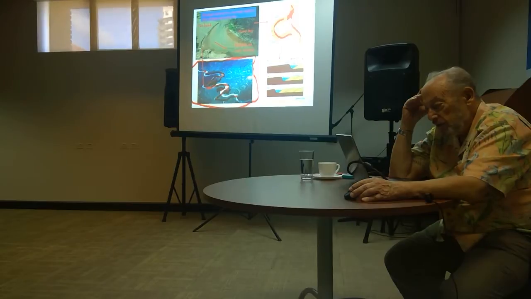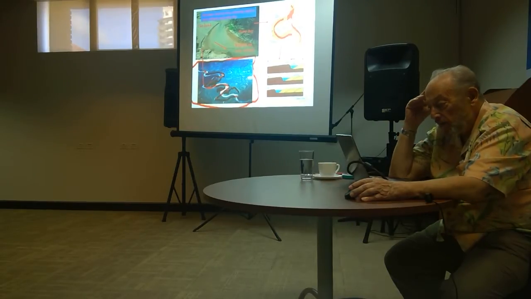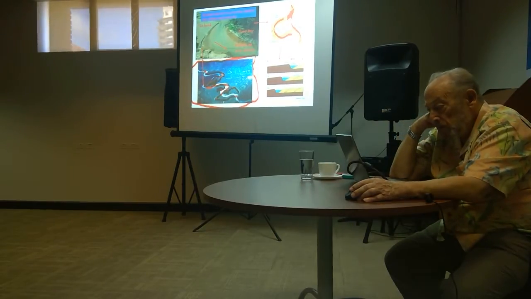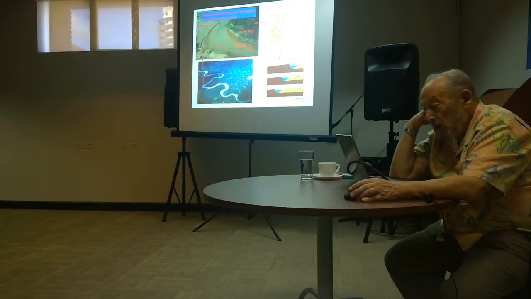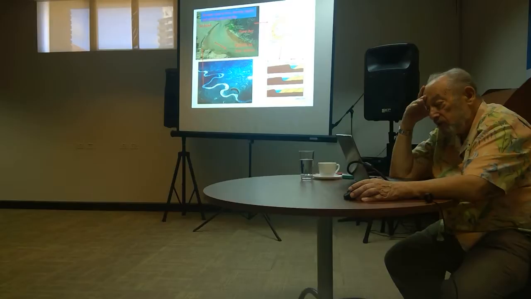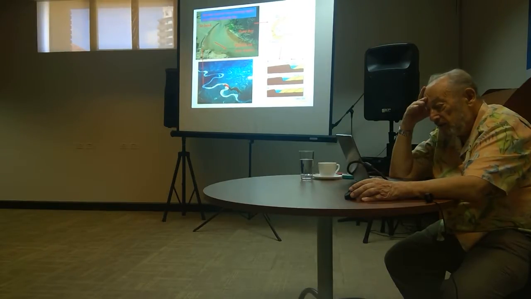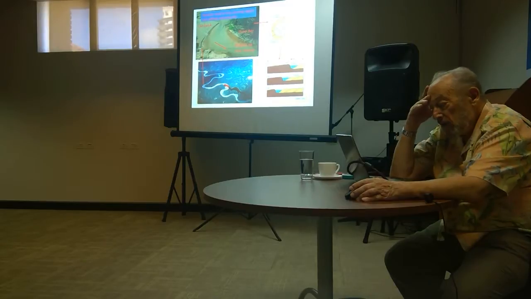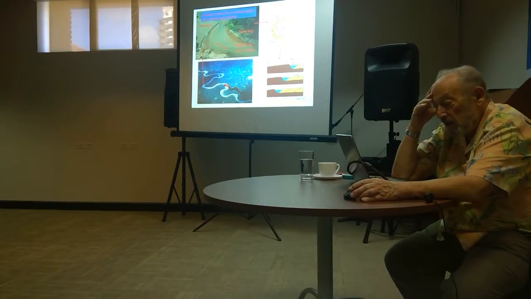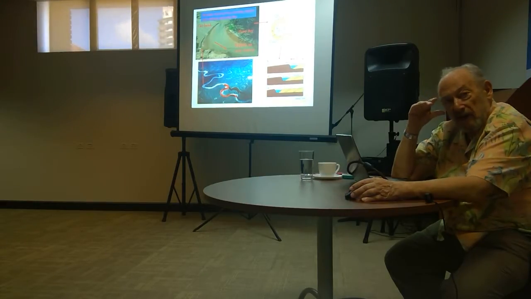For example, here's an oxbow lake right there. An oxbow lake right there. Because at one time the channel was like that. And then you had a cutoff, and the new channel formed something like that.